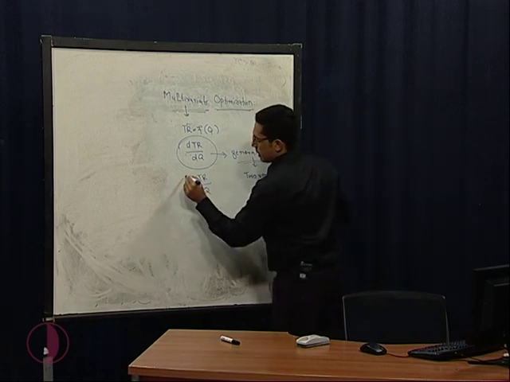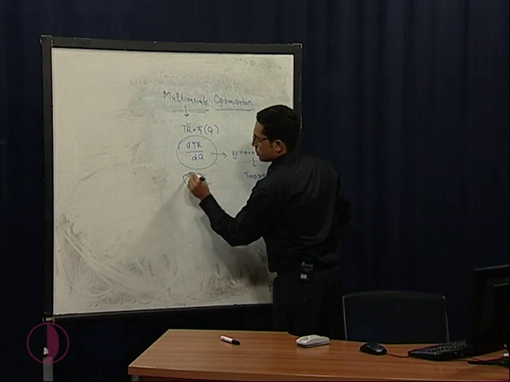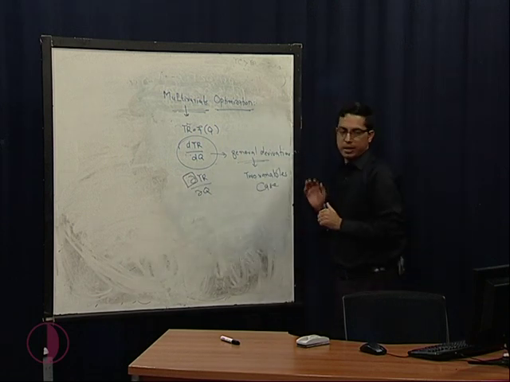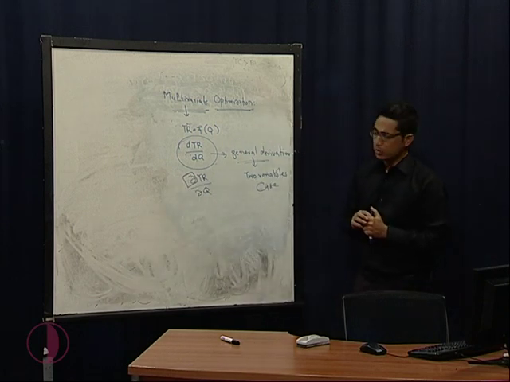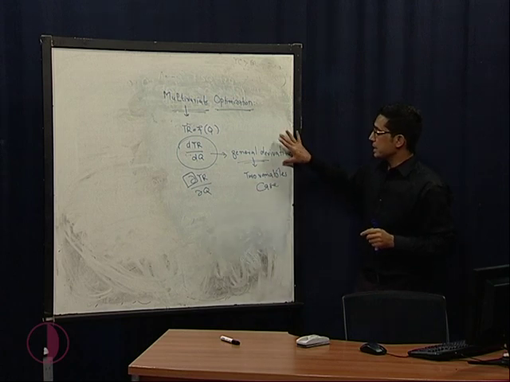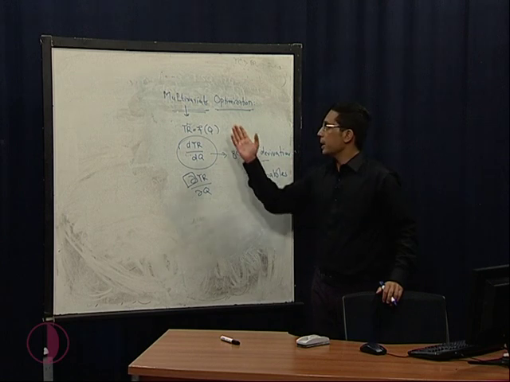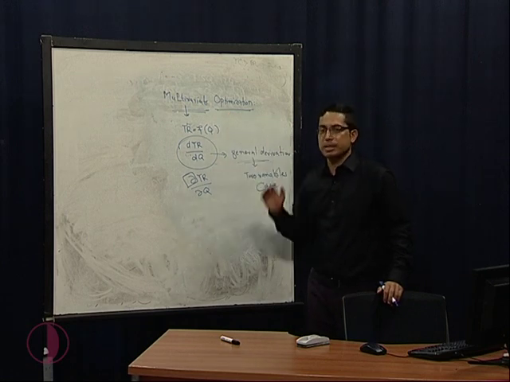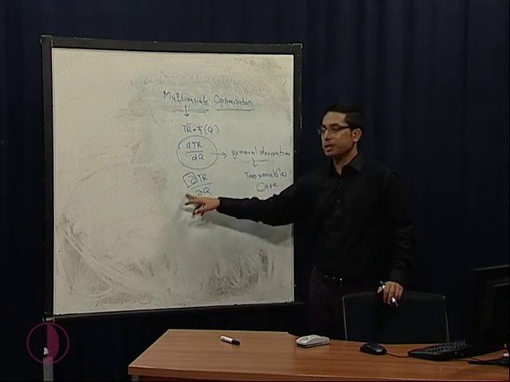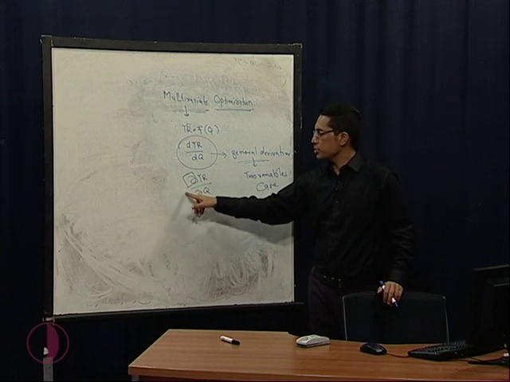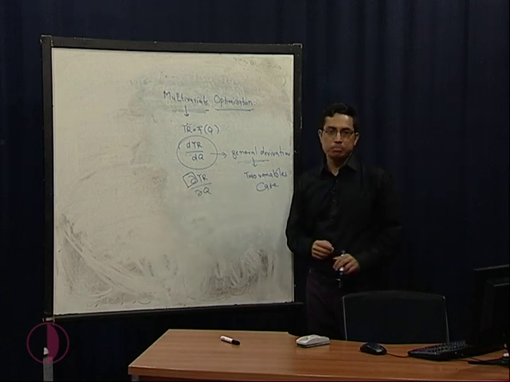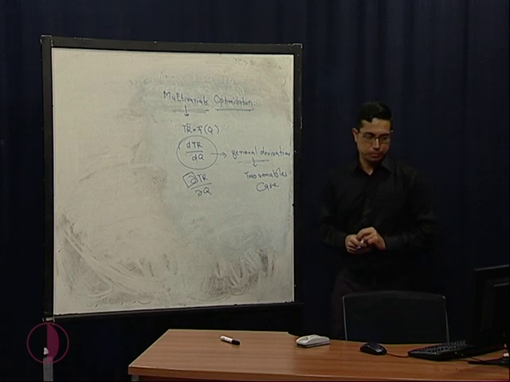This is the symbol which we will use for multivariate optimization. Basically, the general differentiation rules are the same in the case of multivariate optimization as well. But for the differentiation, we are just using this symbol, which is known as delta.